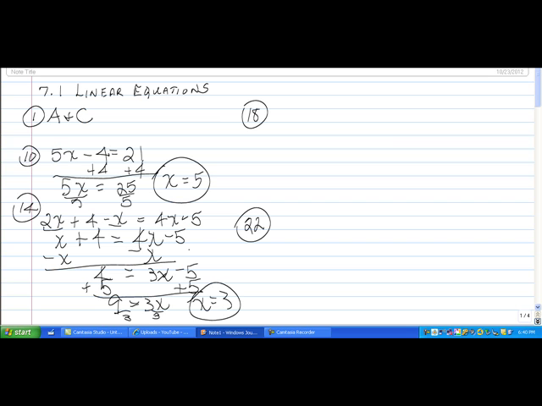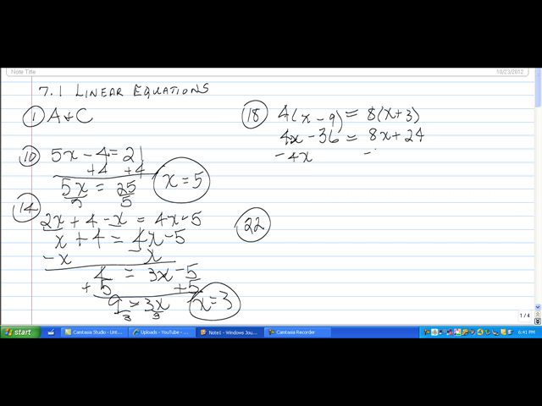Okay, now we want to move on to number 18. We have 4 times x minus 9 equals 8 times x plus 3. So we need to distribute on both sides. So 4 times x is 4x. Minus 4 times 9 is 36. 8 times x, 8 times 3. Again, we want to get our x's together.